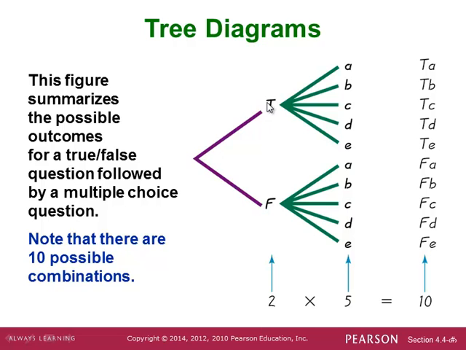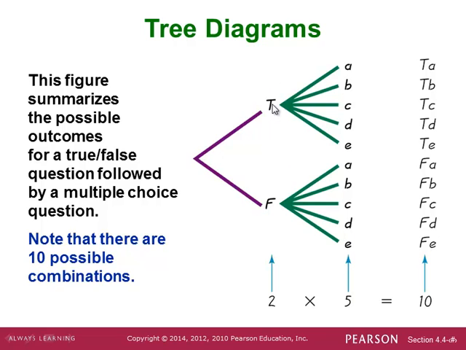So take a look at this tree diagram that we've got here. For the first question, there are two possible ways, true and false, of answering. And for each response to the first question, true or false, there are 5 possible choices for the second answer's response.